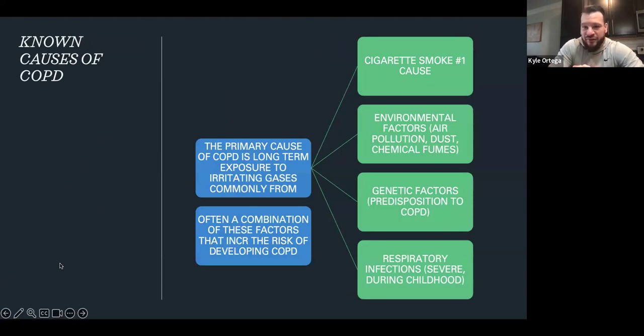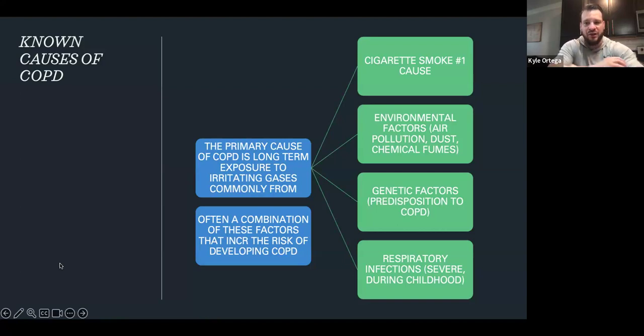Also, environmental factors: air pollution, dust, chemical fumes. So, things in and outside the house, dust, chemical fumes could be anything from the cleaning solutions at your house to work environments where you're around chemicals and things that are not good for our lungs all day.